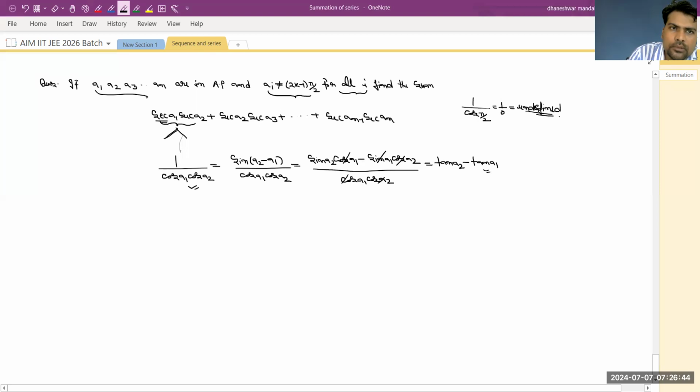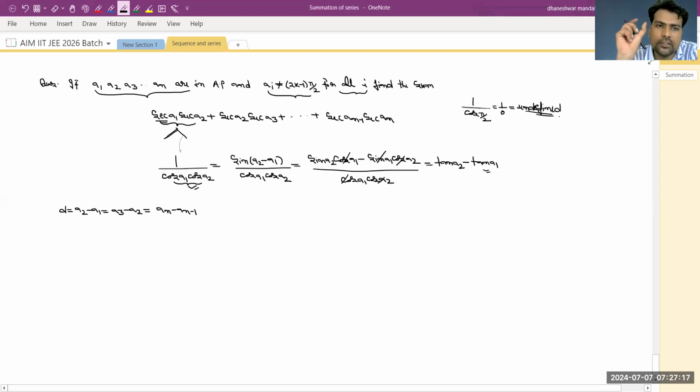If these terms are in AP, then can I write D, the common difference, equal to A2 minus A1, A3 minus A2, and in a similar way, A of N minus A of N minus 1? Is this correct? So I multiply this term with sine of (A2 minus A1). This difference is equal to D, which is constant for all these terms.